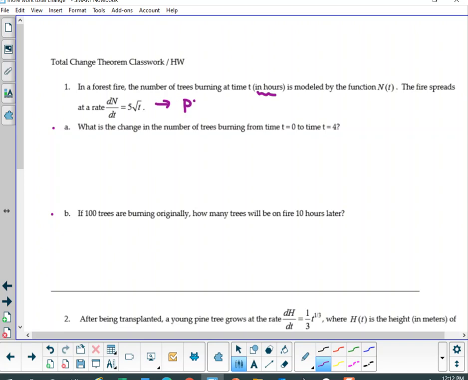So this is our prime, this is our rate of change, essentially the little f that we're given. If I want to know the change in the number of burning trees from time 0 to time 4, I'm going to integrate from 0 to 4, 5 root t dt.